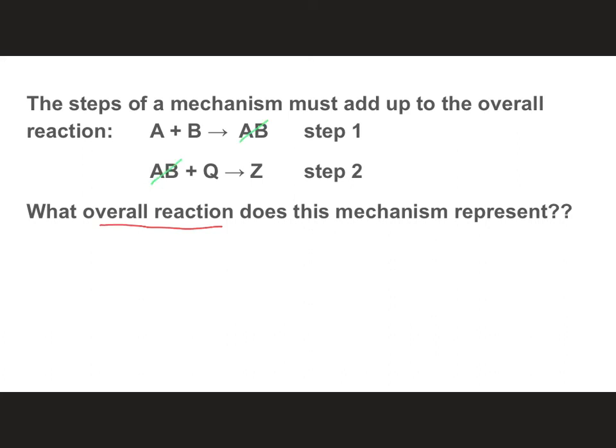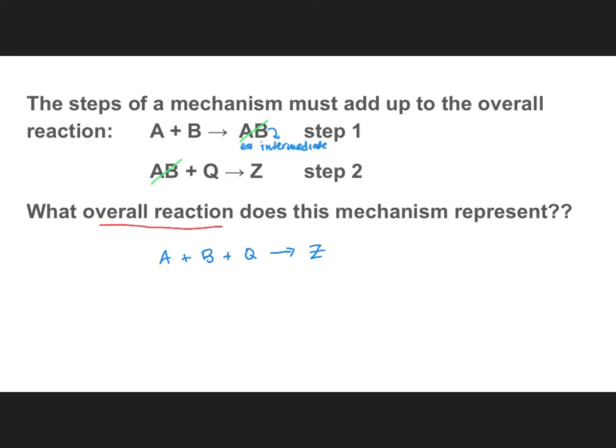I think you'll notice that the AB that formed in step 1 is consumed in step 2 and can be called an intermediate. It's something that forms but does not remain. It's an intermediate in the process. The overall reaction here then would be A plus B plus Q makes Z.